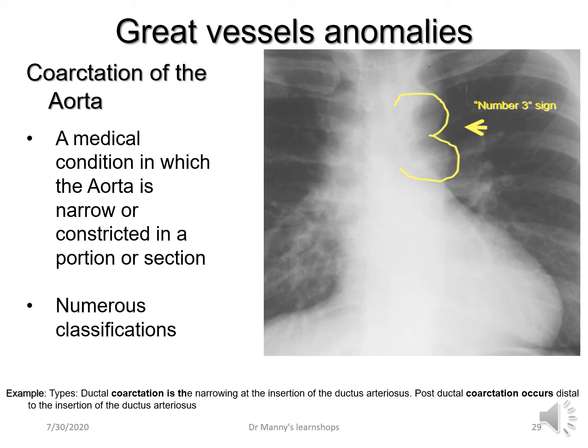There can be a sign called the number 3 sign, where you get the bumping of the aorta or the arch because of the constriction or the coarctation, which again is the narrowing. Instead of it being smooth in the aortic arch and the descending aorta, you get this notching effect, the number 3 sign.